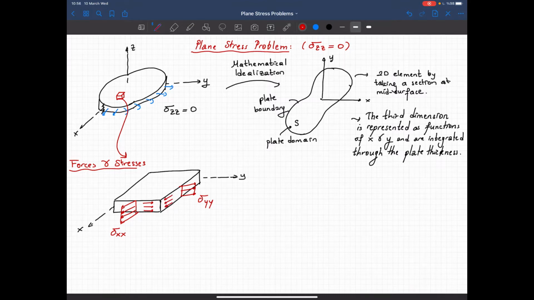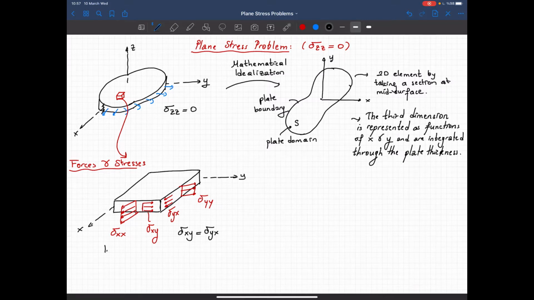You can just think of this formulation as the 2D version of a truss element. Here we are only considering the axial deformation. This stress is called sigma xy. The first label x represents the face, and the second label y represents the direction. So this stress is sigma xy and this stress is sigma yx, and we can say that sigma xy is equal to sigma yx.